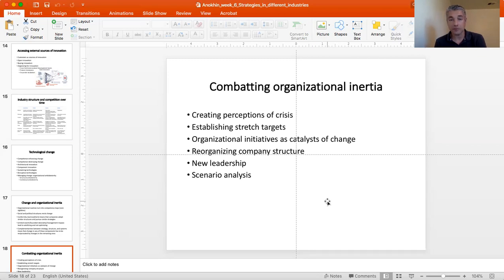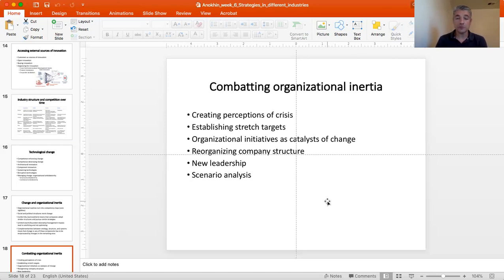So now I believe the average tenure of a CEO in a company is like 2.5 years. That's true for public companies, whereas previously we talked about decades. With new people come changes. So to combat organizational inertia, you may have to replace leadership.